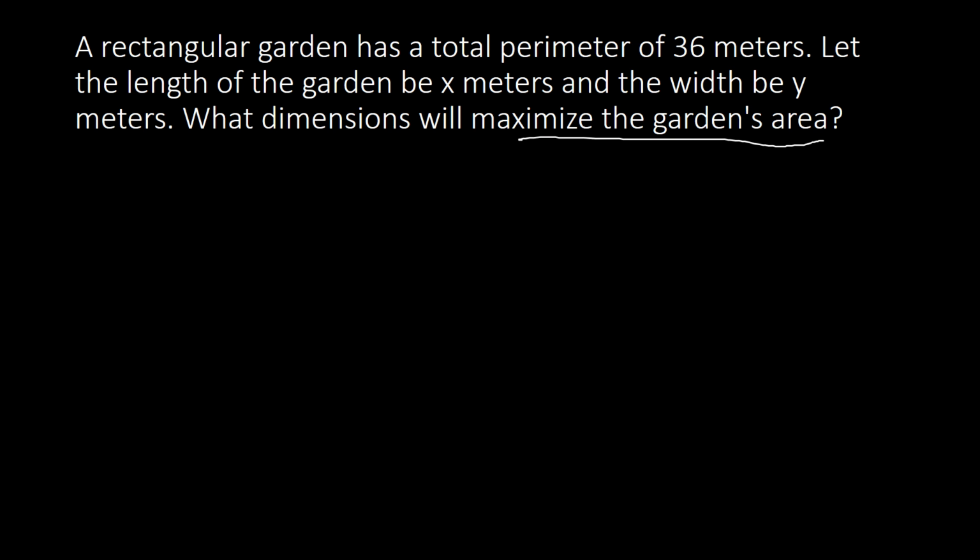If we want to recall the rectangular perimeter, we have P equal to 2L plus 2W.